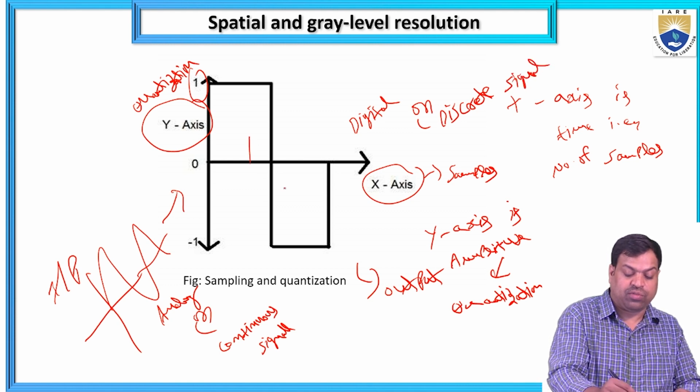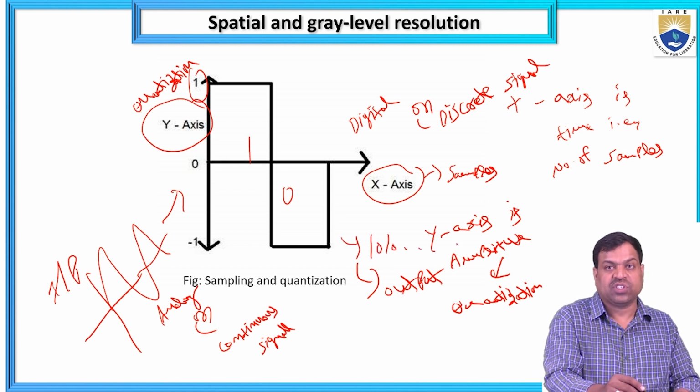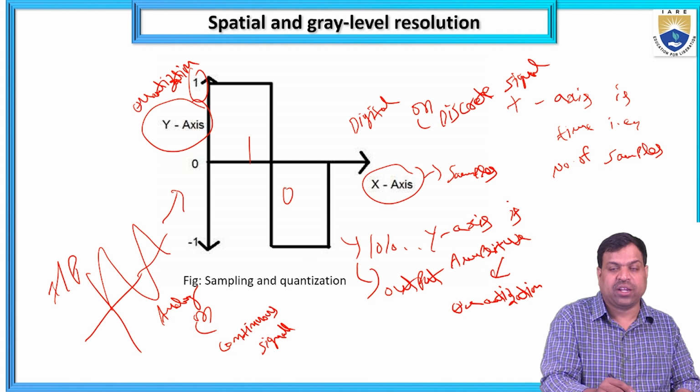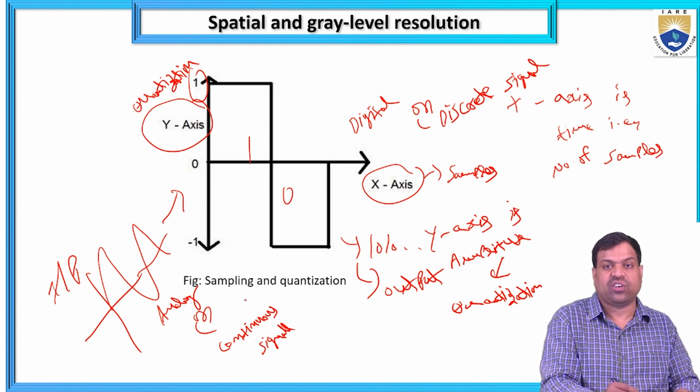It is in the form of binary, 1 0 1 0 and so on. The square waveform with binary values is a digital or discrete signal. The input is a continuous or analog signal.